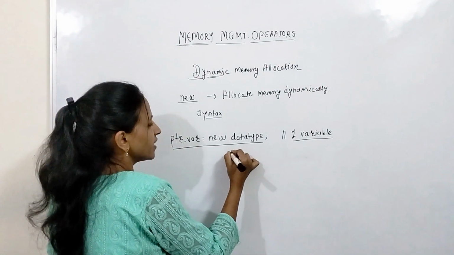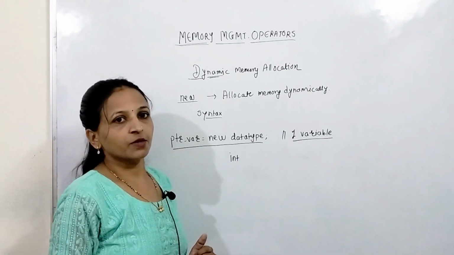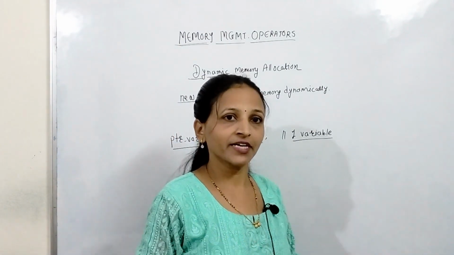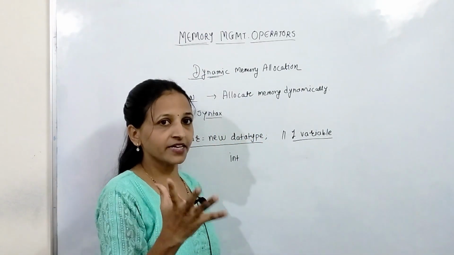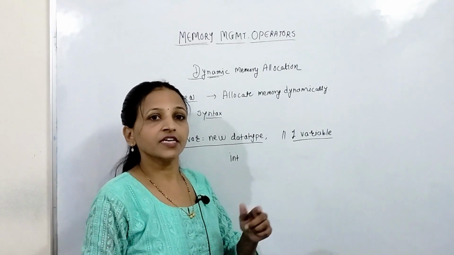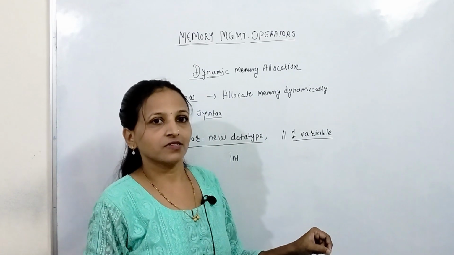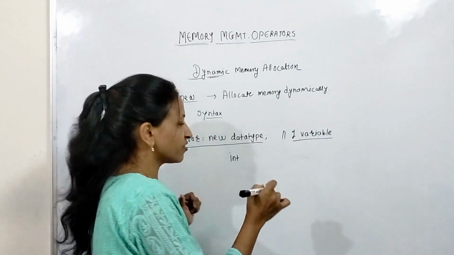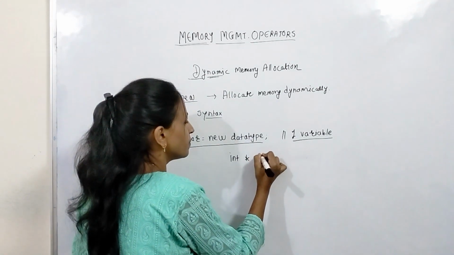Here we first have to declare one pointer variable, and of course if you want to allocate space for an integer, then the address will be of an integer variable, and you have to store it in an integer pointer. Getting it? Now we have to declare one integer pointer first. How? int star ptr.